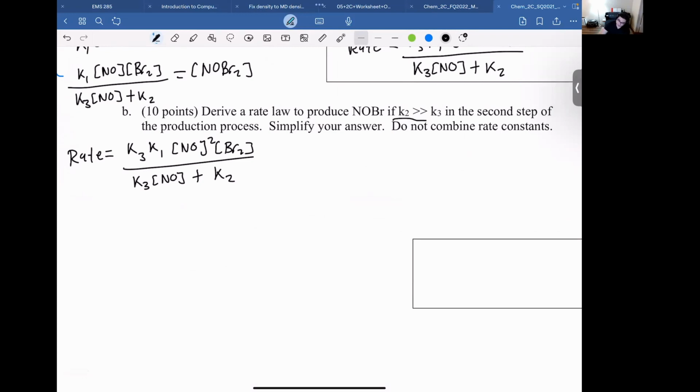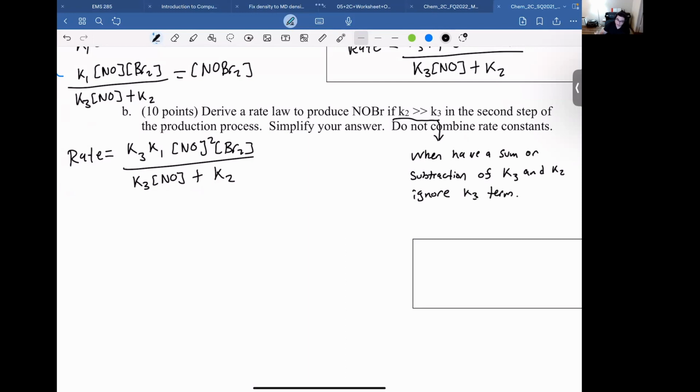What this tells you is when you have a sum or subtraction of K3 and K2, you can ignore the K3 term.